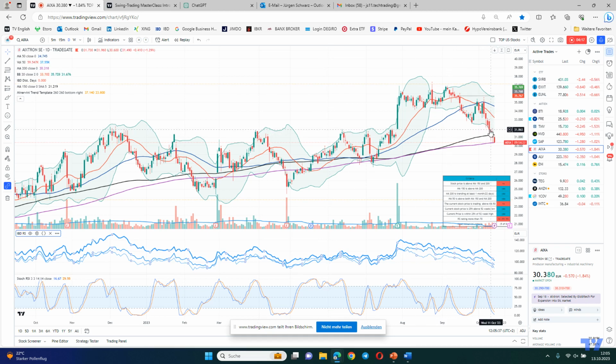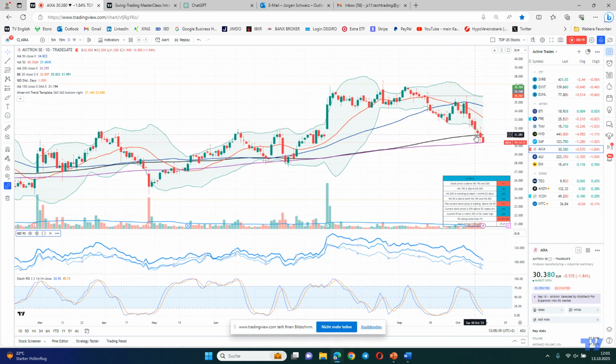Also, this has been violated. So we have a couple of support points being violated. Then you see, the Bollinger Band range is trending down, which is not good.